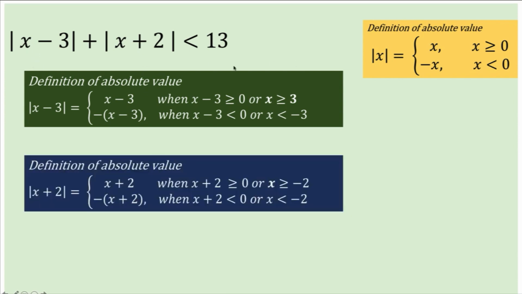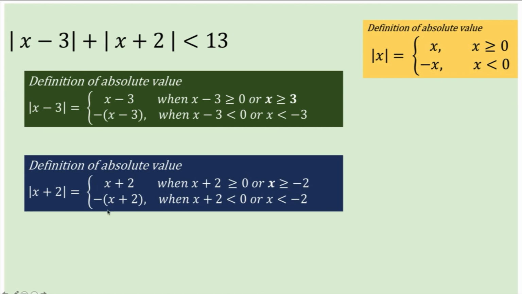Now, applying the same definition of absolute value to the second absolute value in this example, we have the absolute value of x plus 2 is equal to the piecewise function where you just copy whatever is the number inside when that number inside is positive, and then simplify this. x plus 2 greater than or equal to 0 is just the same as x greater than or equal to negative 2.